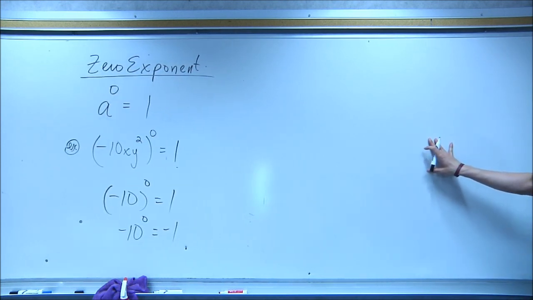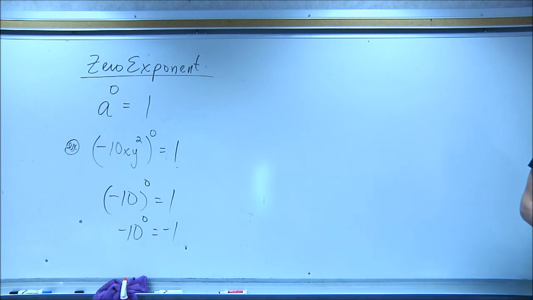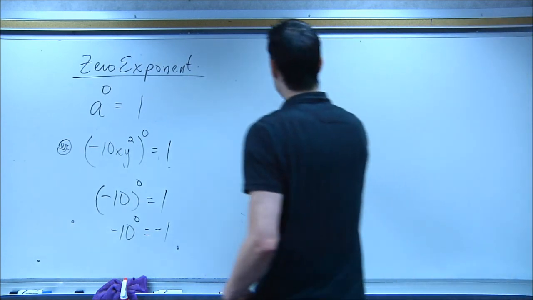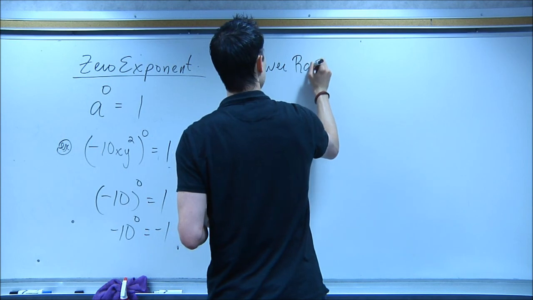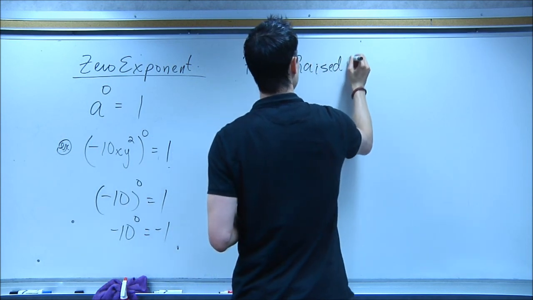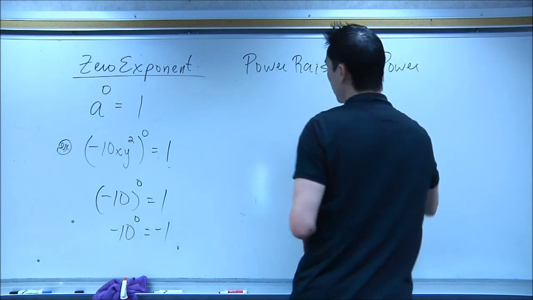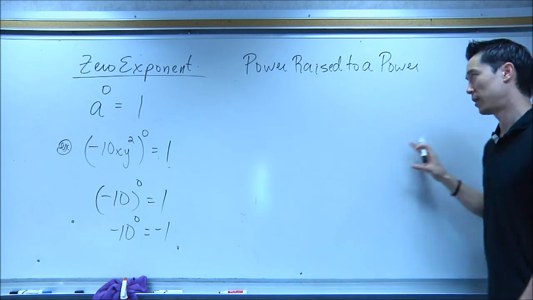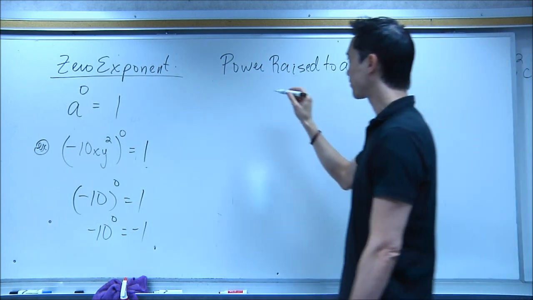All right, after the 0 exponent, which is pretty easy, we have the power to a power rule. So what happens if you have an exponent expression already, and that expression is raised to another exponent? That gives us what's called power raised to a power.